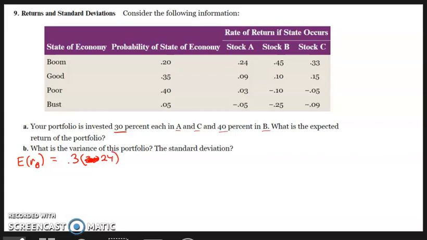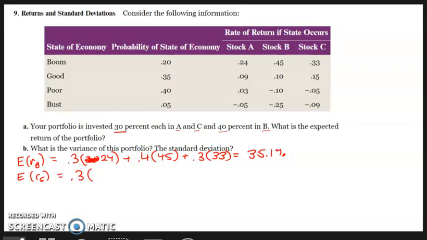I'm going to use whole numbers. Plus 0.4, that's the weight on B, times the 45%, plus 0.3 times 33, and that is 35.1%.